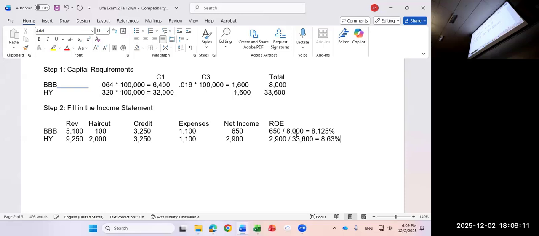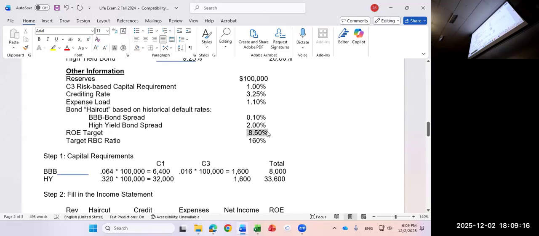I agree with those. What was our target? 8.5.